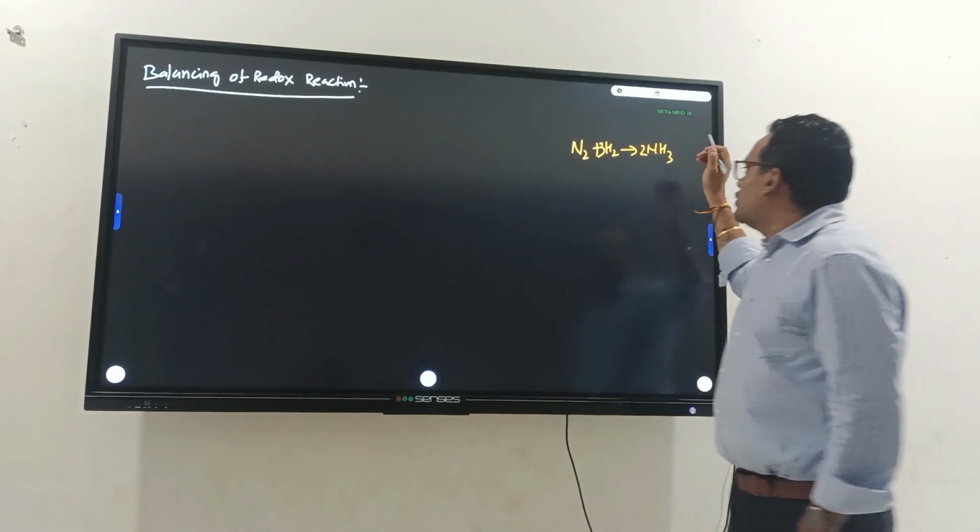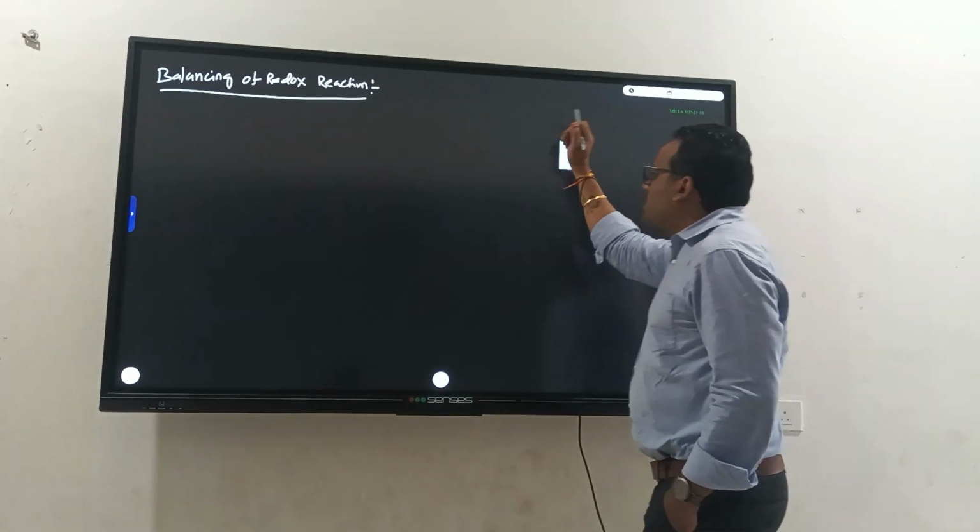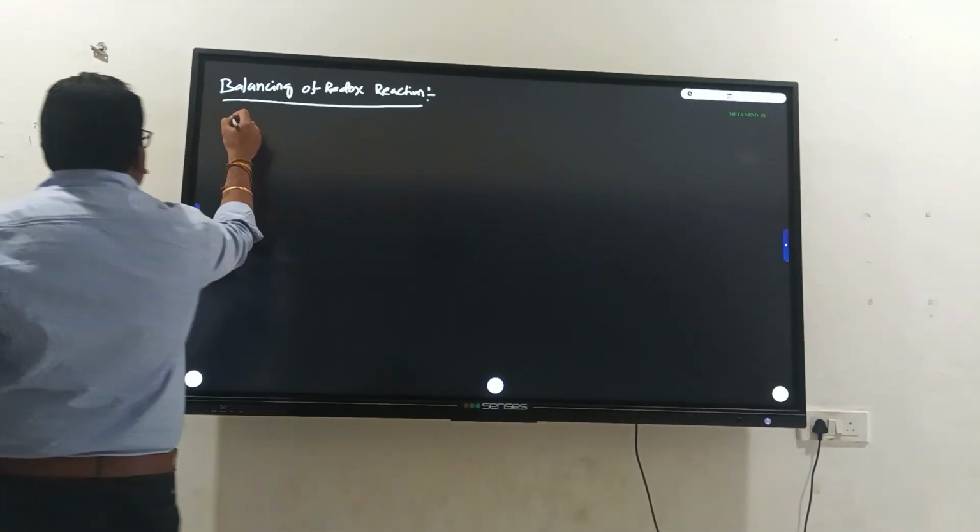So how do we have to do that balancing for the redox reaction? Now here we have two methods, children.